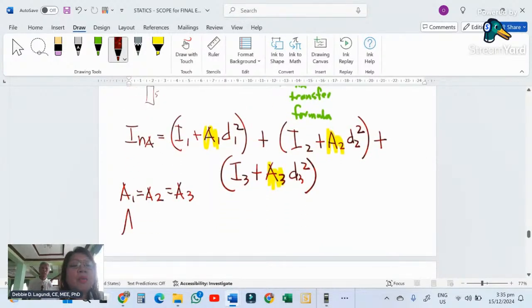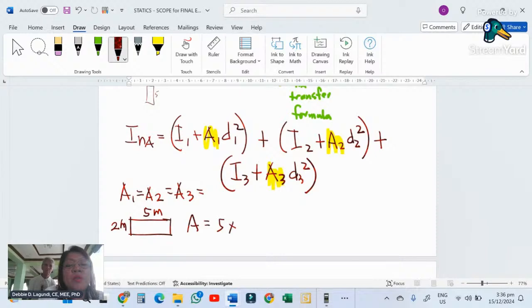Now, A1, or simply A, the area, they are the same. Our shapes are like this. The longer side is 5 meters, and the shorter side is 2 meters. So the area will just be 5 times 2, equal to 10 square meters.